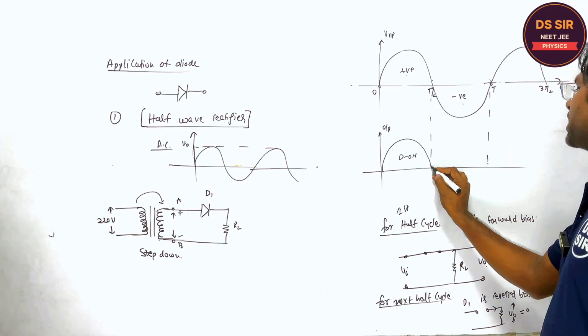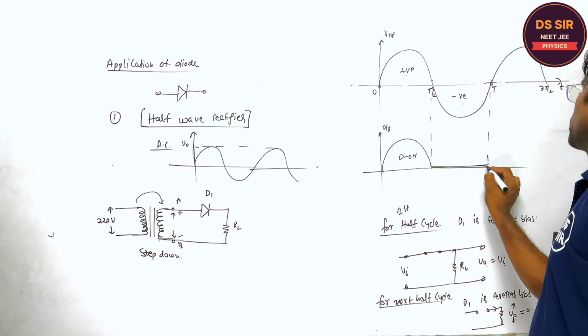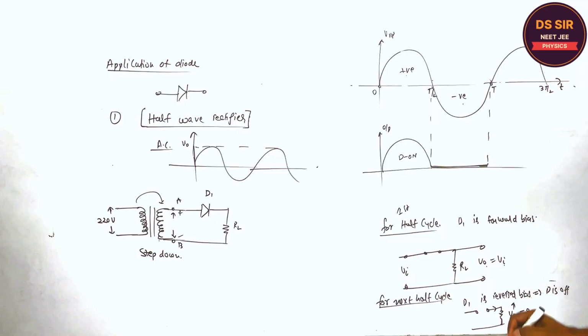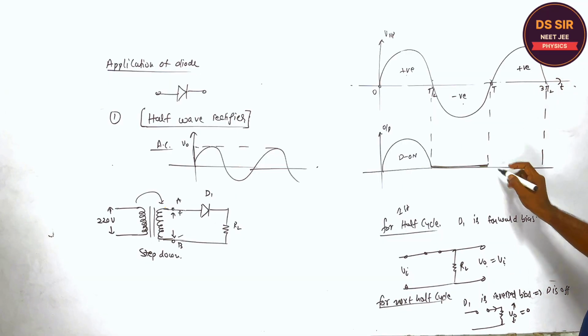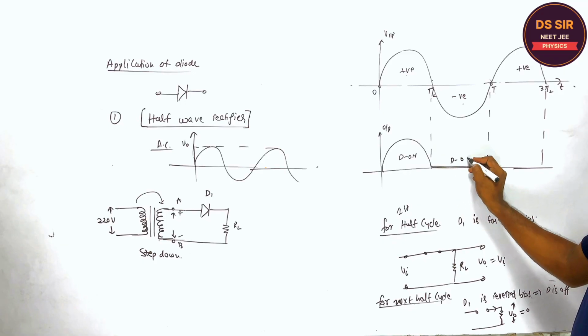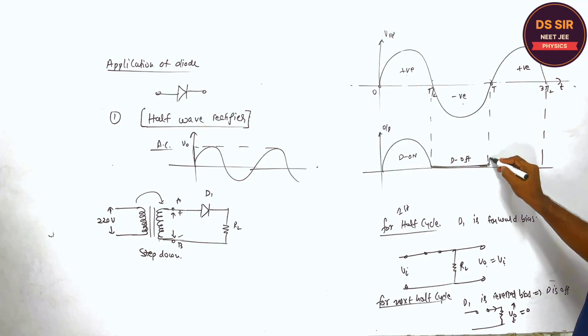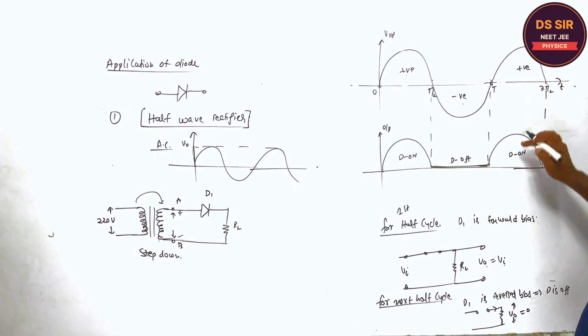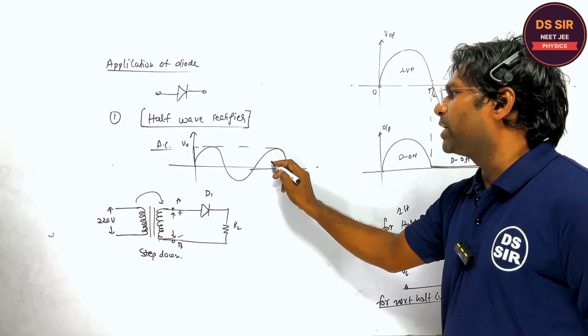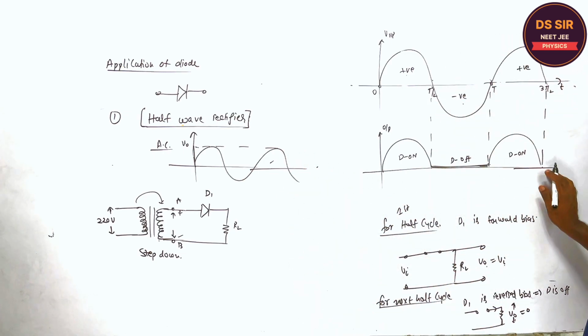For the next half cycle, what is the output voltage, you tell? Say 0. Then for the following half cycle, when it is positive, the diode is on, and the input voltage is equal to the output voltage, and then it is again 0.